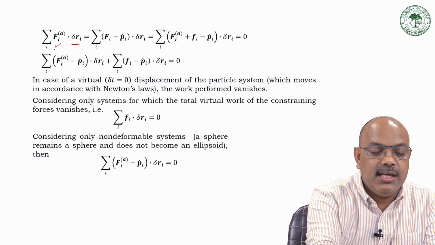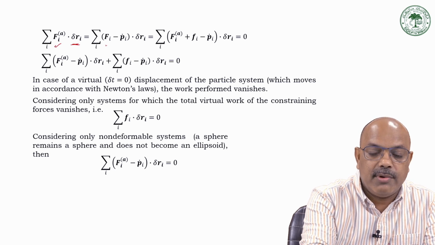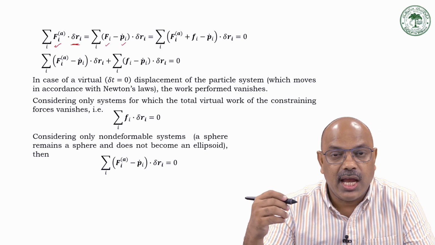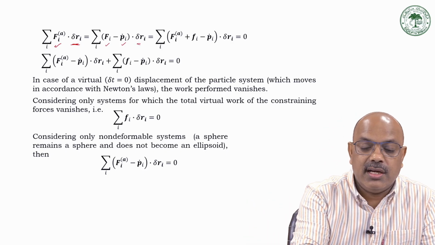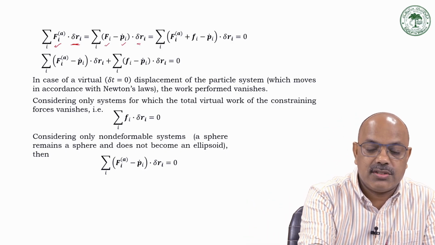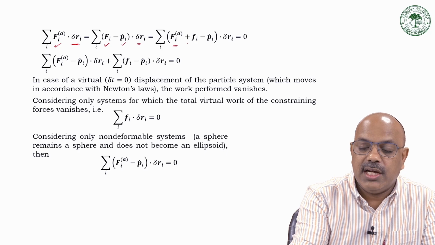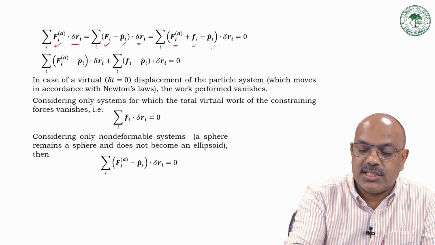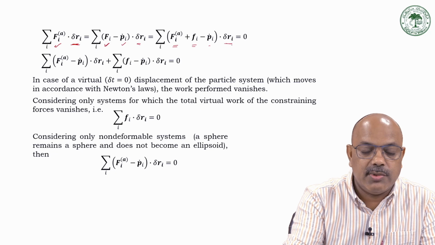So my Fi here is, if I apply the applied force and the reversed effective force in the opposite direction, minus Pi dot with delta ri, this total force consists of the applied force plus the constraint force.